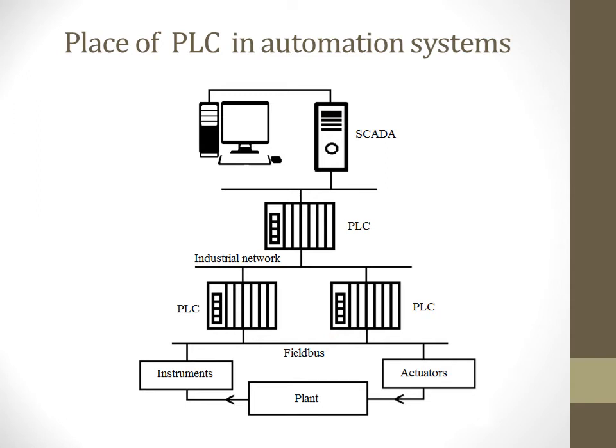At the lower level, there are sensors or instruments and actuators with which the system interacts with the control objects or plant. At the next level, there are PLCs that collect information from the lower level, process it, and then act on the object or plant using actuators. So this is the second level.